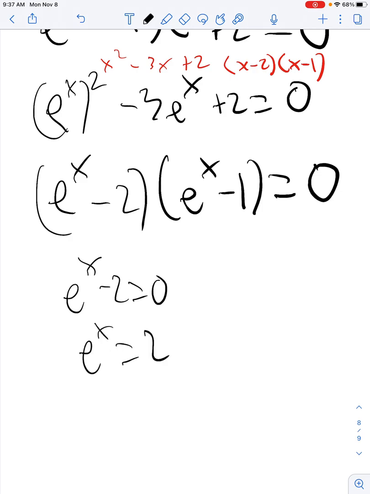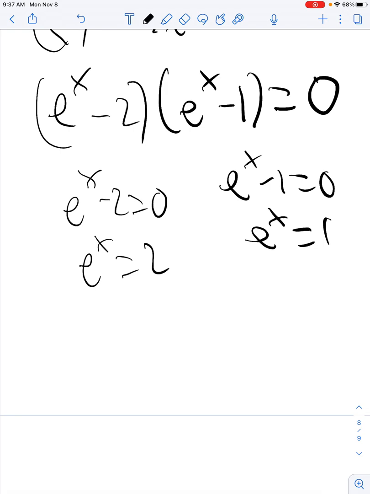So again, zero product property, anything that multiplies to equal 0. So e^x equals 2, or e^x equals 1. Which, again, if I don't like using e^x, I can take the ln of e^x equals ln of 2.